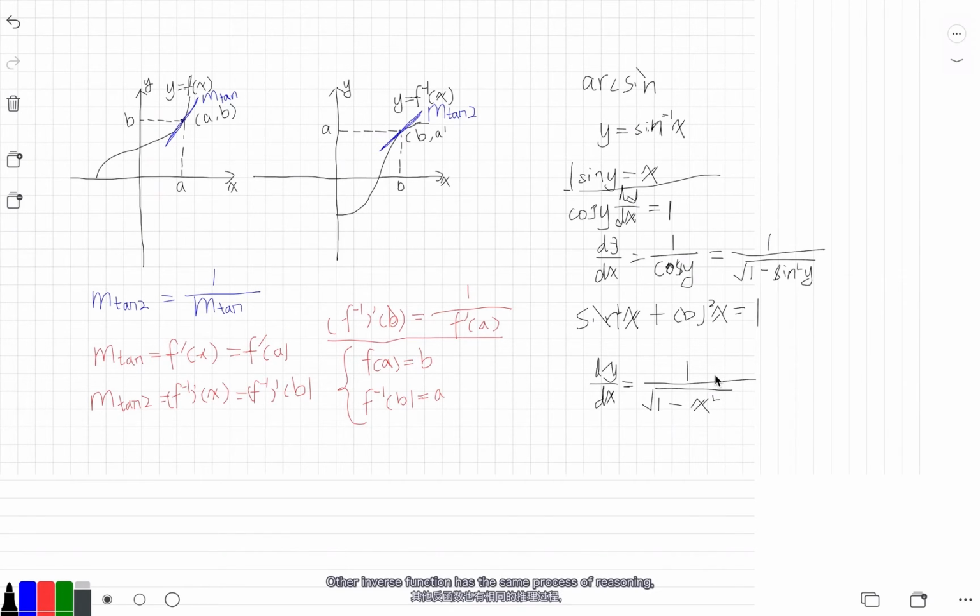Other inverse functions have the same process of reasoning, using 1 plus tangent squared equals secant squared. You could try by yourself.